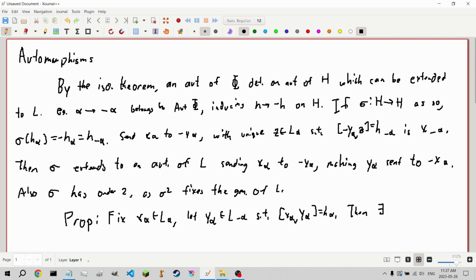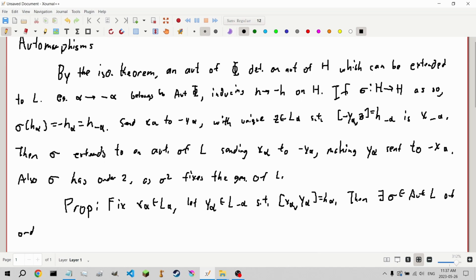Then there exists an automorphism of L of order 2 such that sigma of x alpha is negative y alpha, sigma of y alpha is negative x alpha, and sigma of h is negative h. We've already seen this before for the two-dimensional special linear algebra.